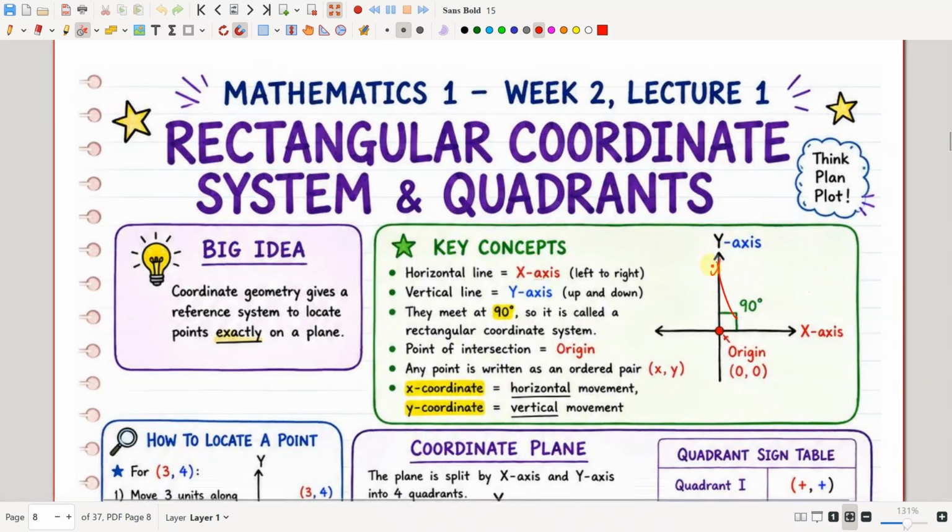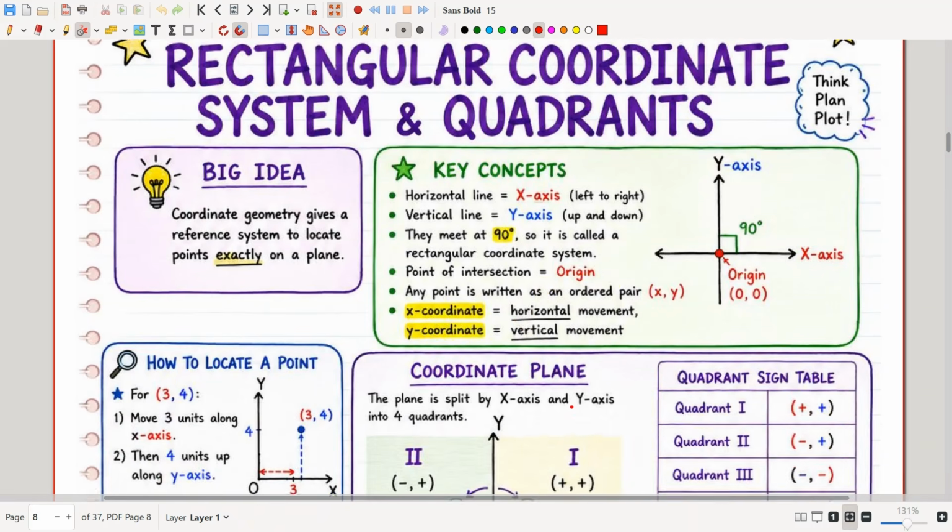So that will be our y-axis. This x-axis and y-axis meet at 90 degrees, and so it is called the rectangular coordinate system. And the point of intersection of the x-axis and y-axis is called the origin. Any point in this graph will be written as an ordered pair x comma y. The x coordinate means horizontal movement, and the y coordinate means vertical movement.